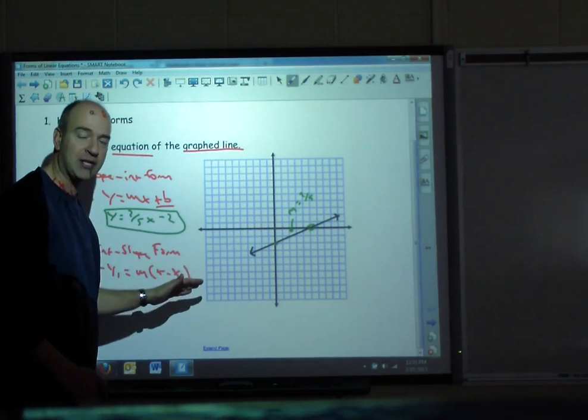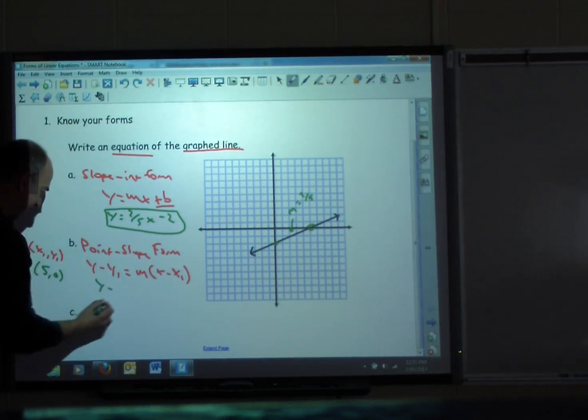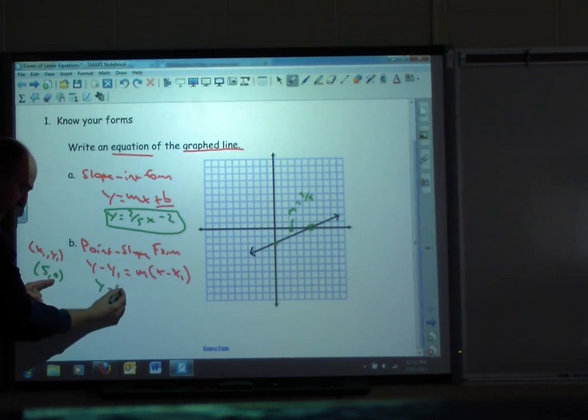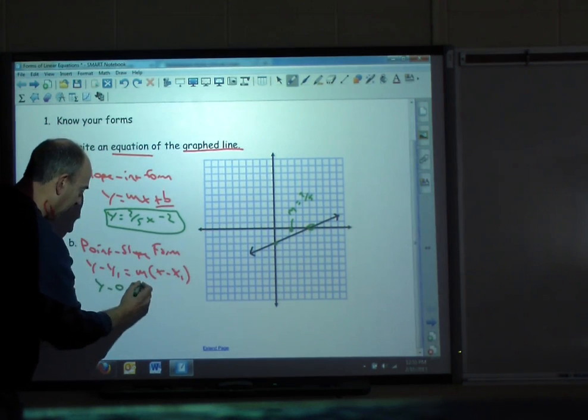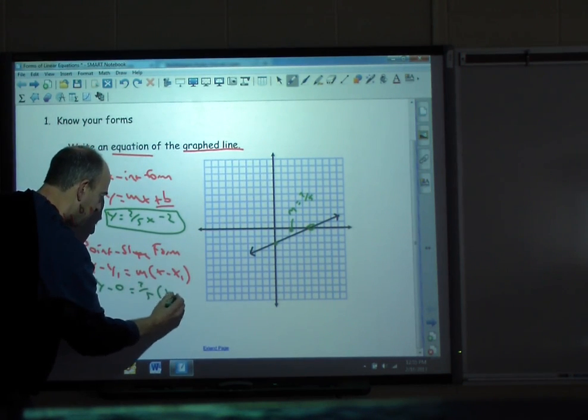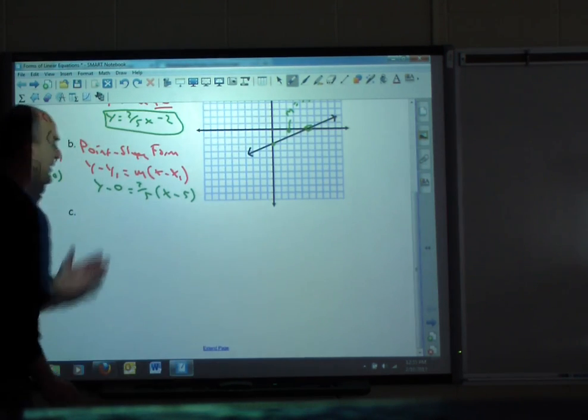You certainly don't need that to graph a line. So, using this, I would have y minus the y-coordinate at my point, which is 0, equals the slope, which is still 2/5, times x minus the x-coordinate at that point, which was 5, and I get an equation.